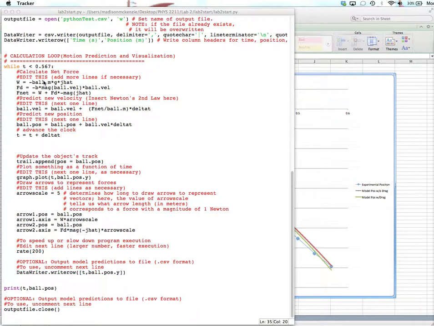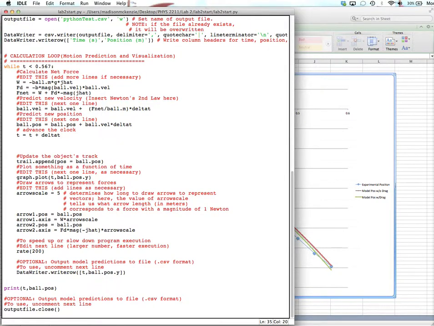Then the new net force was set equal to the previously defined weight force added to the new drag force multiplied by the unit direction vector. When run, this is the code shown.